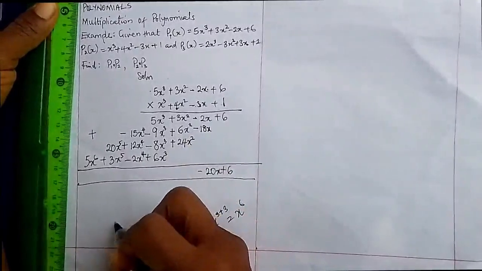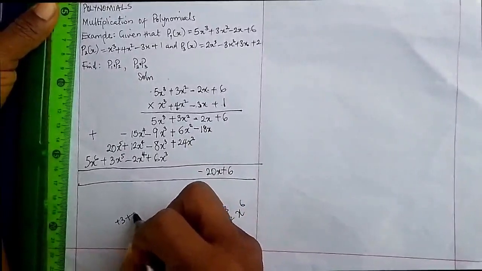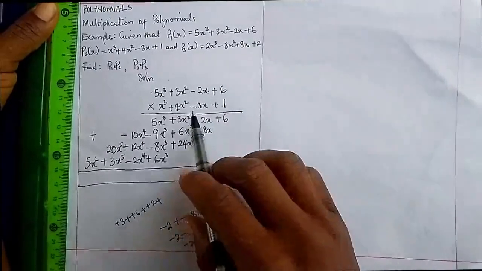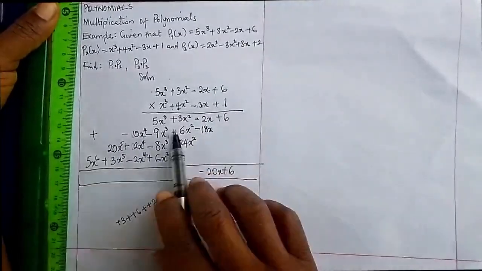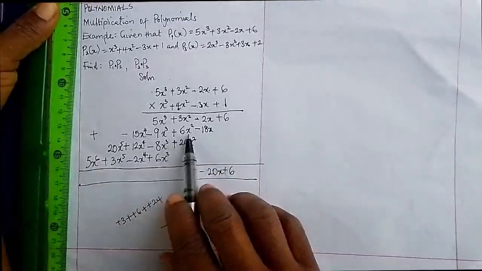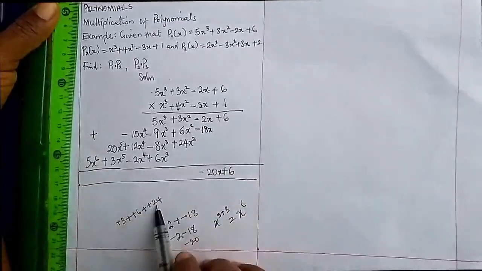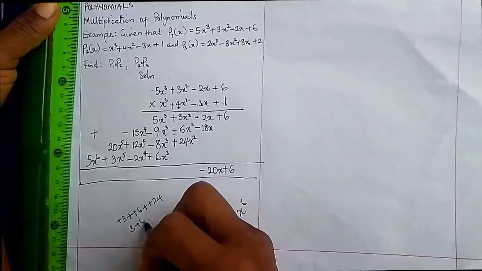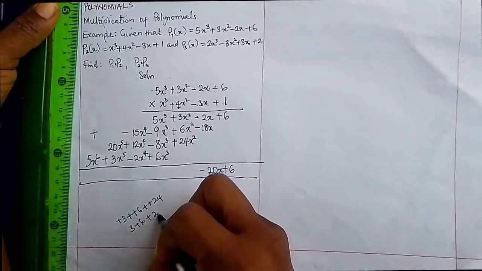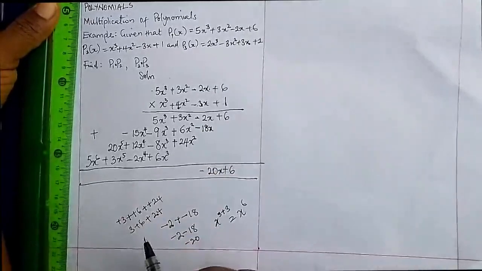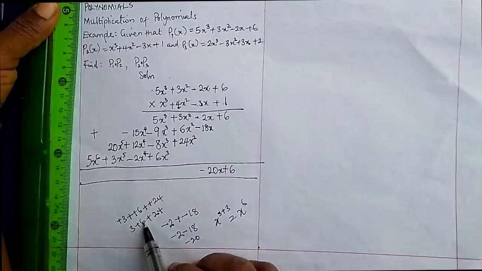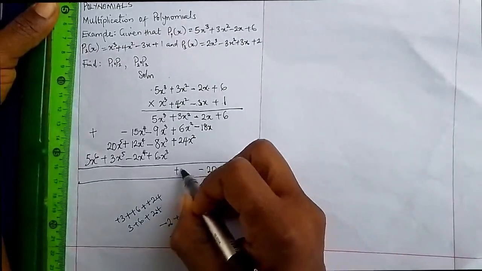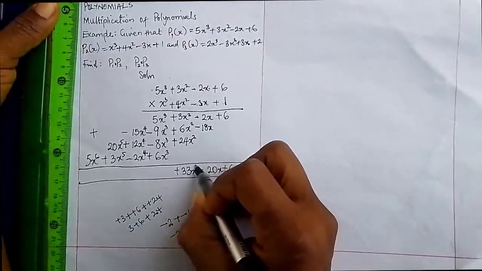The next one is plus 3 plus 6 plus 24. So we have 3 plus 6 is 9. 9 plus 24, we have plus 33x squared.